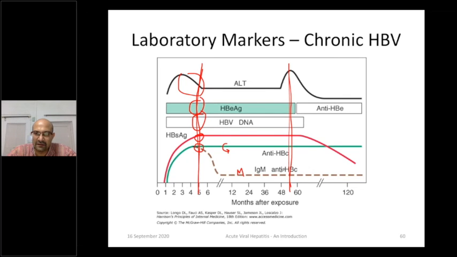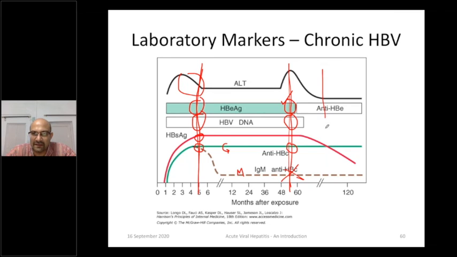The only difference is you will not find IgM type of anti-HBc, but you will find only IgG type of anti-HB core antibodies, and you will find ALT-AST high. Replication is being shown by HBe antigen, and HBV DNA is also present. So this is a phase of chronic hepatitis, which is also replicative and is also infectious.